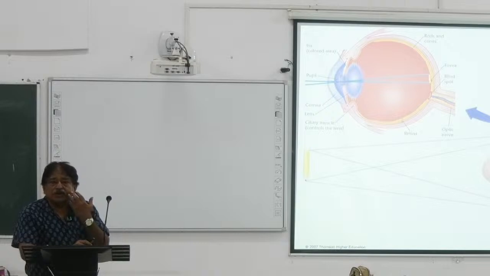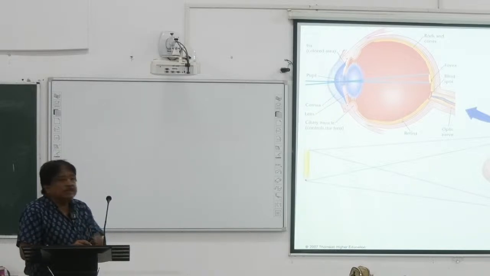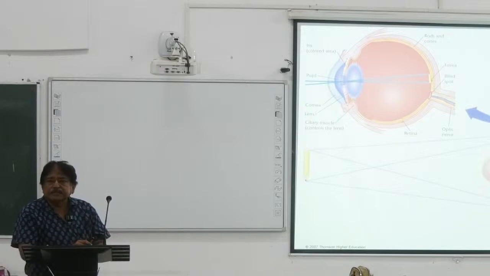Sometimes all of a sudden there is blindness due to diabetic retinopathy and hypertension.